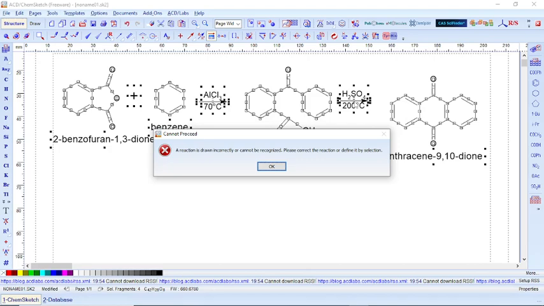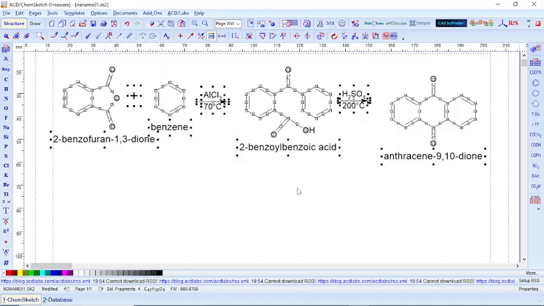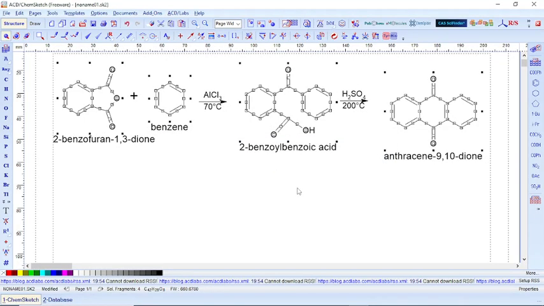The reason is that it's not a single-step reaction. So if you want to make use of it in your calculation, you simply need to break the reactions down stage by stage, just the way I have explained.